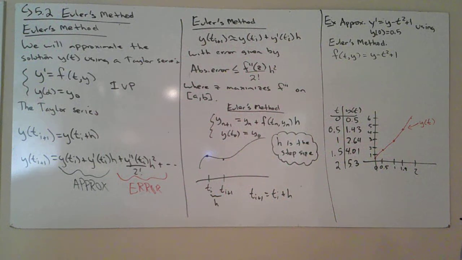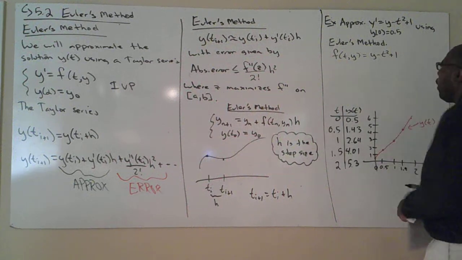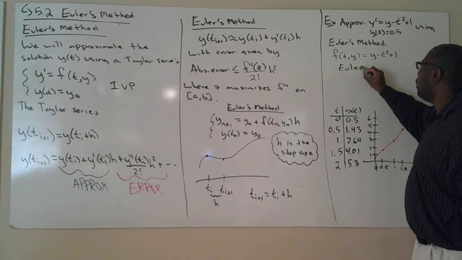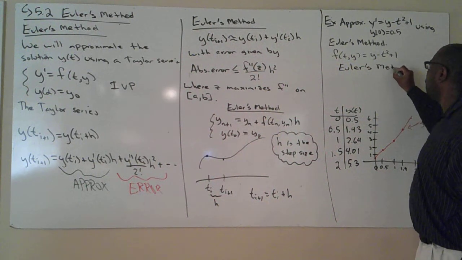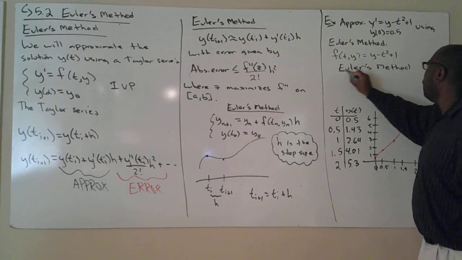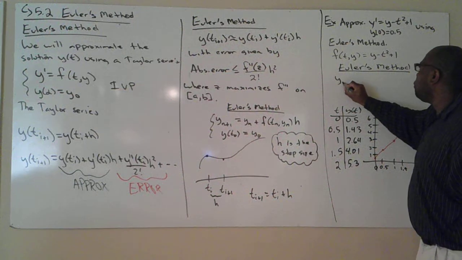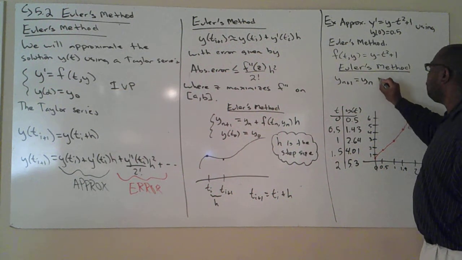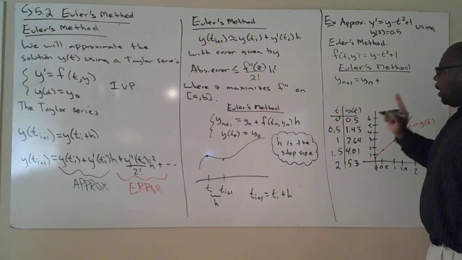And then if we plug it in, we have our Euler's method here. Our Euler's method is going to be y sub n plus 1 equals y sub n plus h times f.